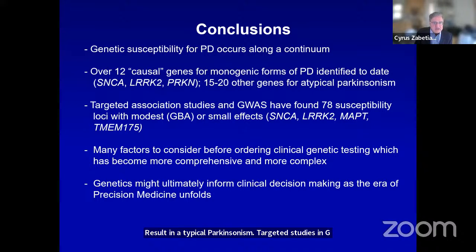Again, how most of those genes affect protein function and susceptibility to disease is still being worked out. There are a number of factors to consider when ordering clinical genetic testing, and that's particularly true as it has become more comprehensive, with exomes and genomes available, and thus more complex. And ultimately, we hope that genetics might influence our clinical decision-making as the era of precision medicine unfolds.